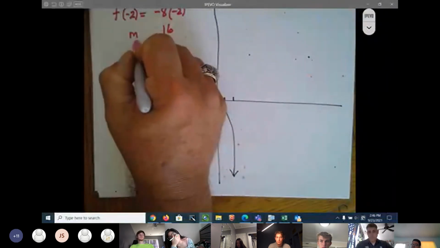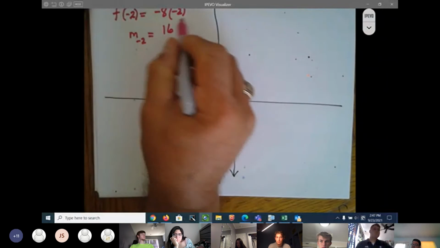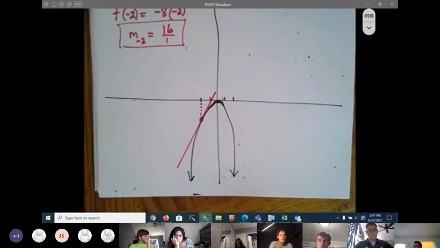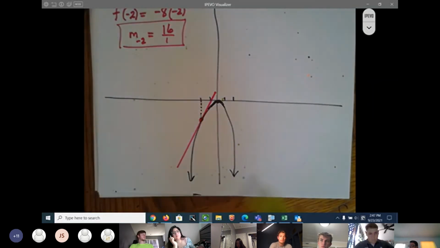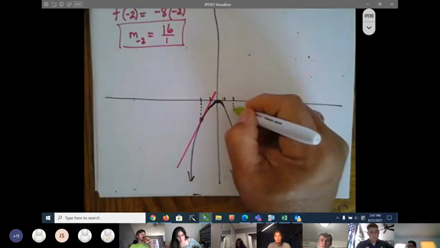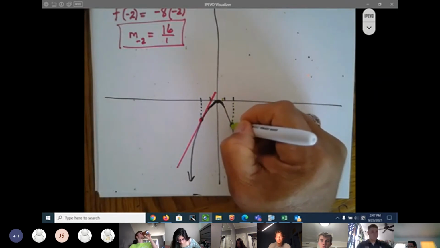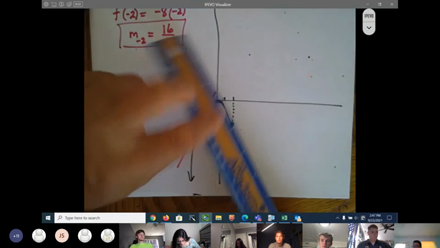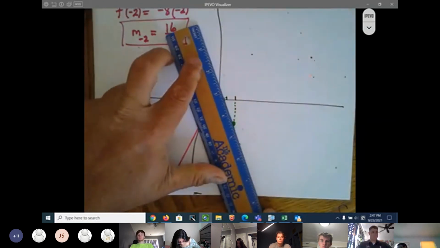So the slope at negative 2 is 16 over 1. Then we go to the other side and do positive 2 and draw a tangent line right there.